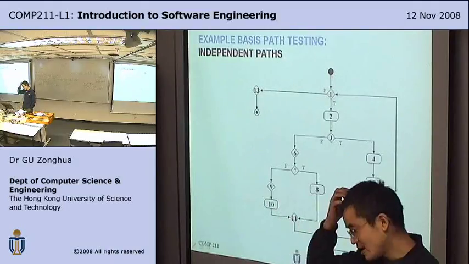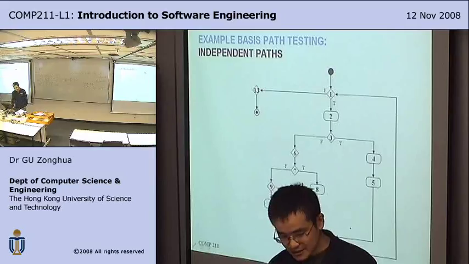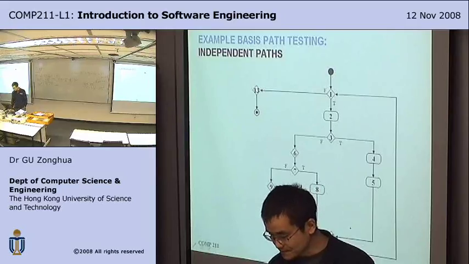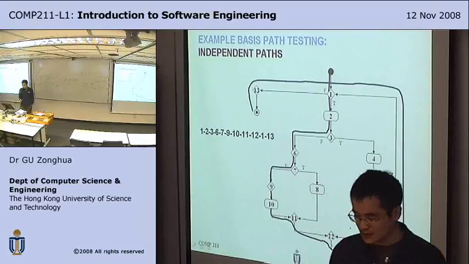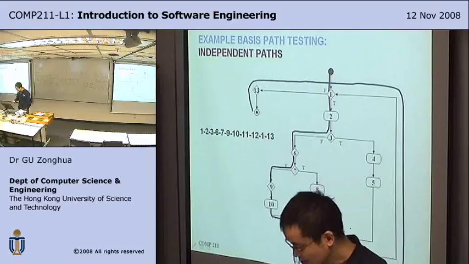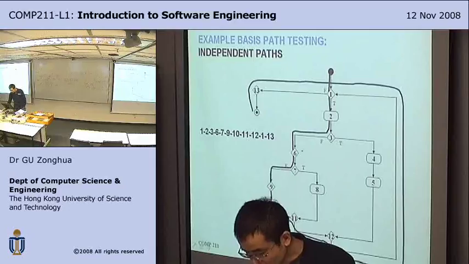So let's count the number of independent paths in this program. This is the activity diagram. You can also do it with a flowchart. It wouldn't make a difference. So this path is 1, 2, 3, 6, 7, 9, 10, 11, 12.